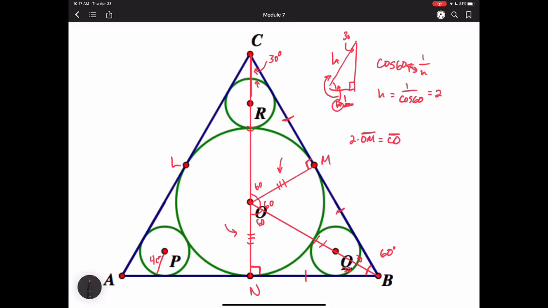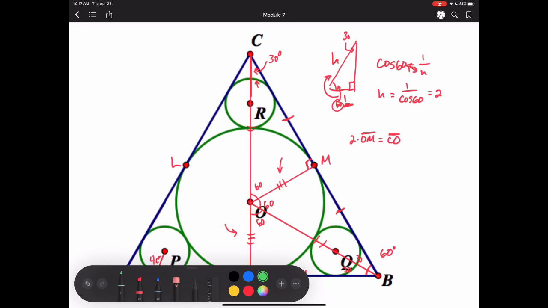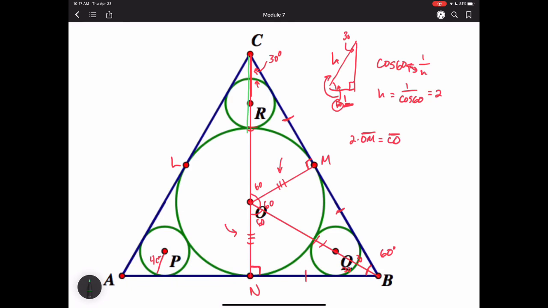Because now let me use a different color here to highlight this. Right here, that's the hypotenuse of this 30, 60, 90 right triangle, and this is the shorter leg. So I know that the hypotenuse, based off of this little proof up here, is exactly 2 times the length of the shorter leg, okay?